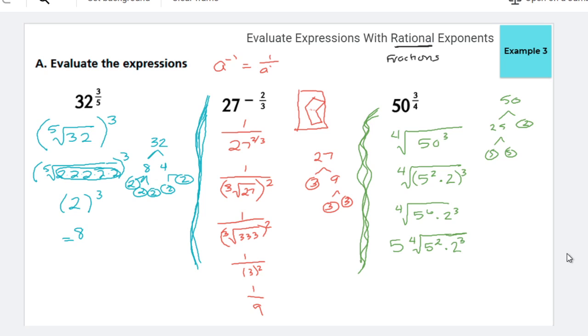That's a gross word, but there it is. So we've got to multiply these all back together. So 5 squared is 25, and 2 cubed is 8. So I'm looking at 5 times the fourth root of 200. Alright, now this is the simplified form.